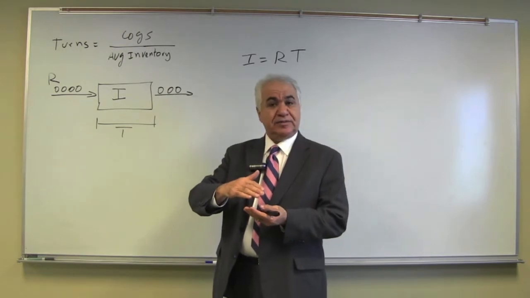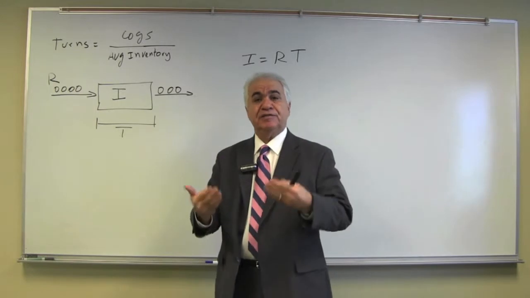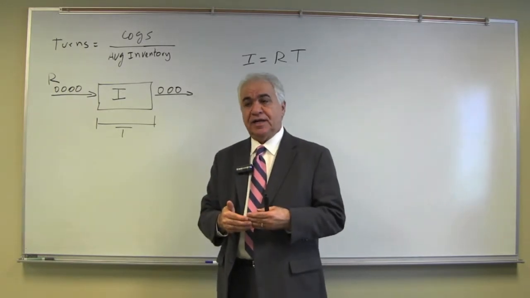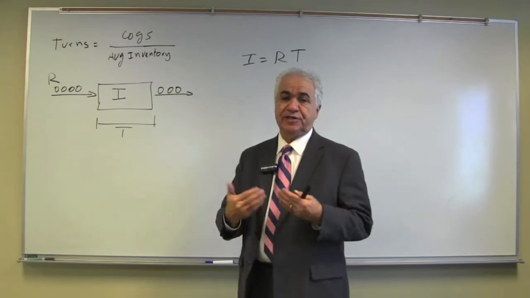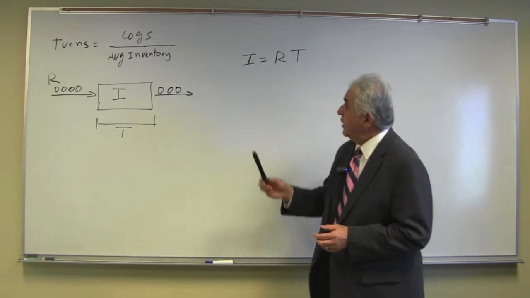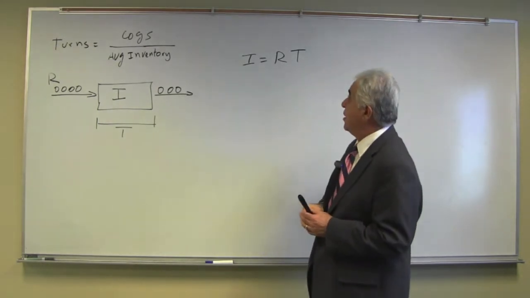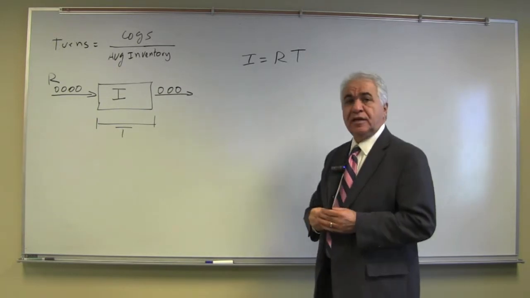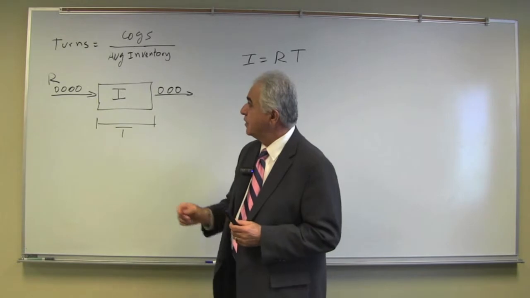As the turns increase, you're turning your inventory faster, and that places the organization in a better financial condition. If we consider Little's relationship as I equals RT, let's for a moment consider this idea.